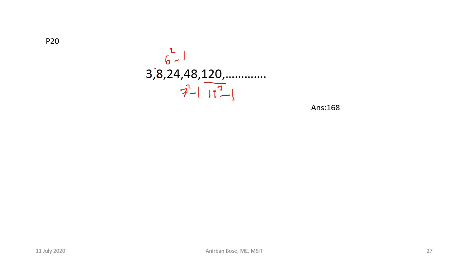This is 3 square minus 1. This is 2 square minus 1. Okay, so what are the numbers? You can see that is 11, 7, 5, 3, 2. That means all these are prime numbers. So what is the next prime number? That is 13. So the answer will be 13 square minus 1, so 168.